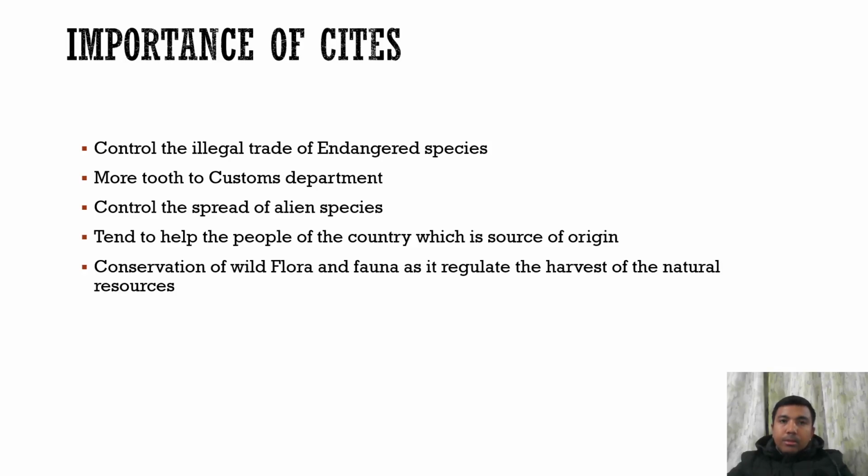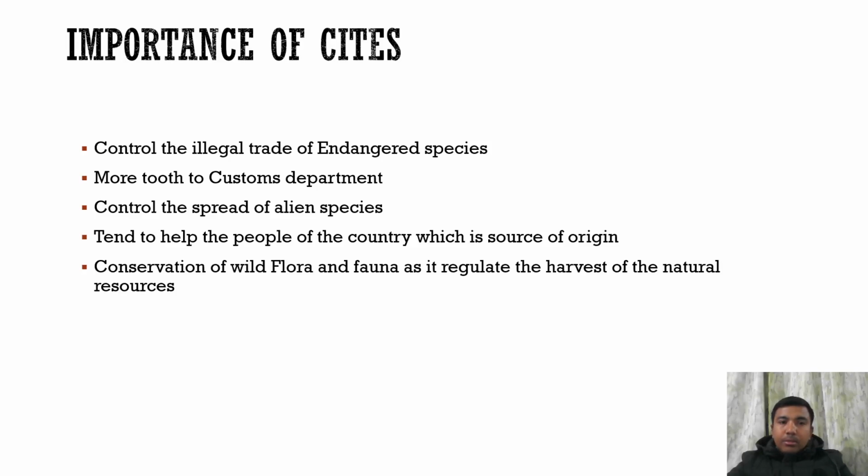It also controls the spread of alien species. There are certain species which, if imported, are likely to spread and replace the native species. So this regulation ultimately also helps in checking the spread of alien species.